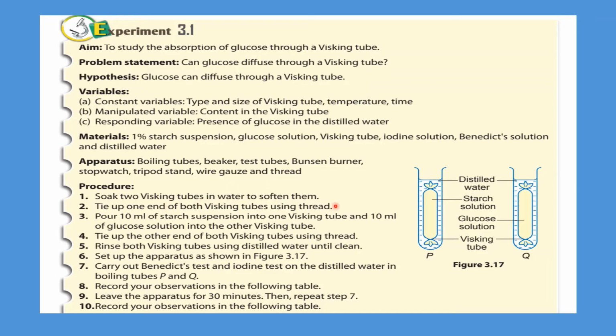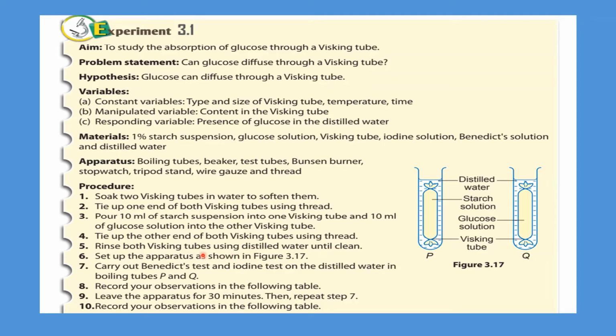Procedure. First, after you set up the material and apparatus, soak two Visking tubes in water to soften them. Then tie up one end of both Visking tubes using thread. Pour 10 ml of starch suspension into one Visking tube and 10 ml of glucose solution into the other Visking tube. Tie up the other end of both Visking tubes using thread.